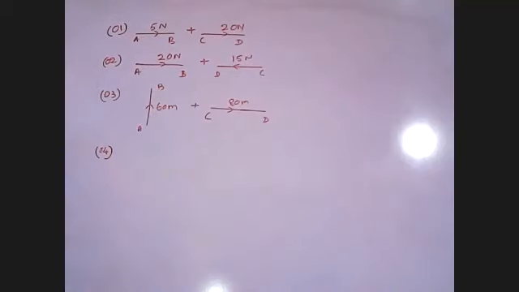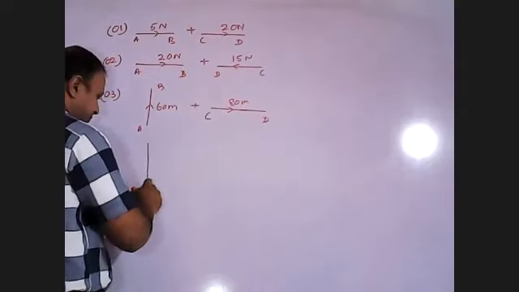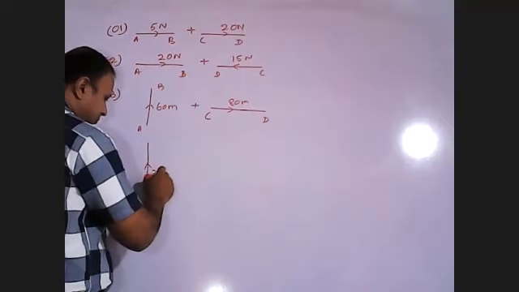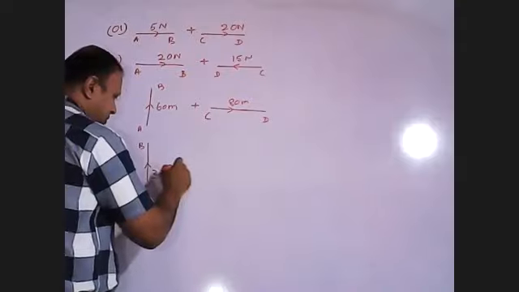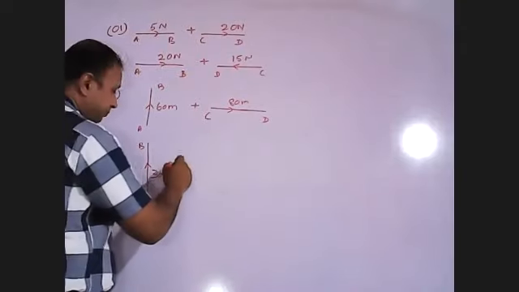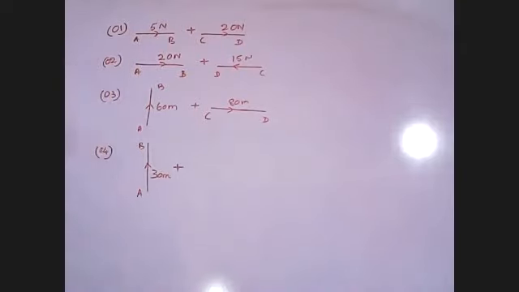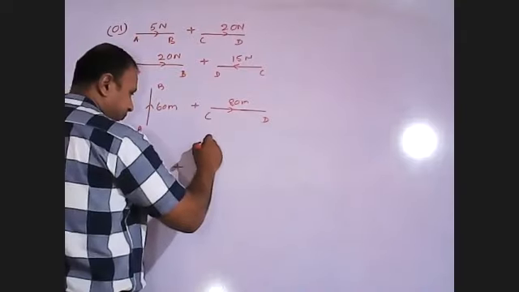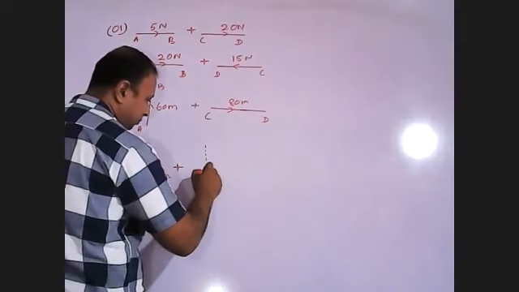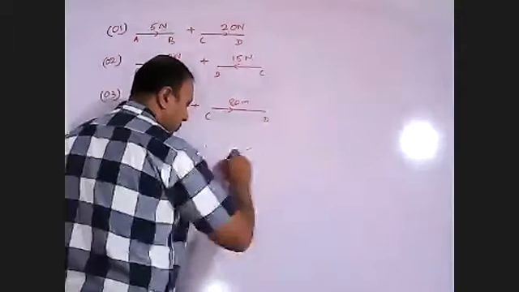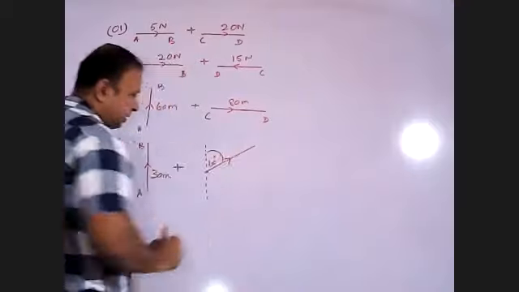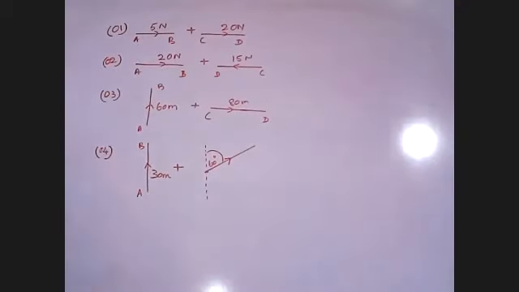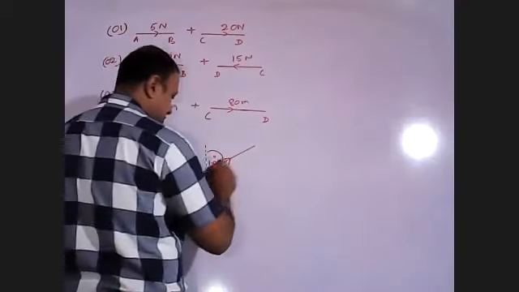Fourth one: 30 meter, AB plus 60 degree, CD.